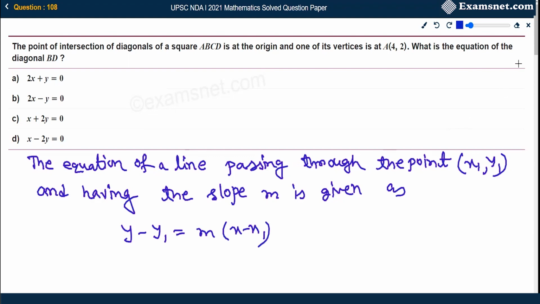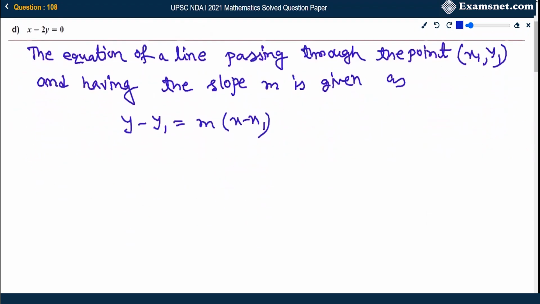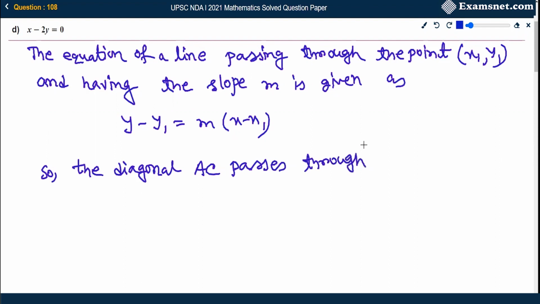Now focus on the given question. The point of intersection of diagonals of a square ABCD is at the origin, and one of its vertices, that is A, has coordinates (4, 2). So the diagonal AC passes through the origin.